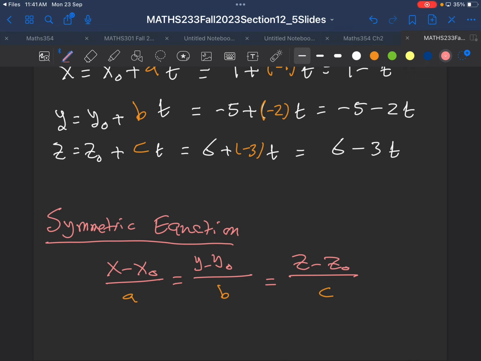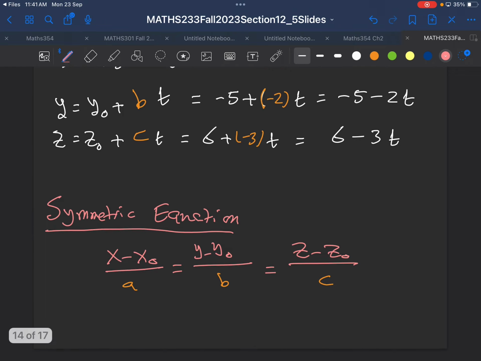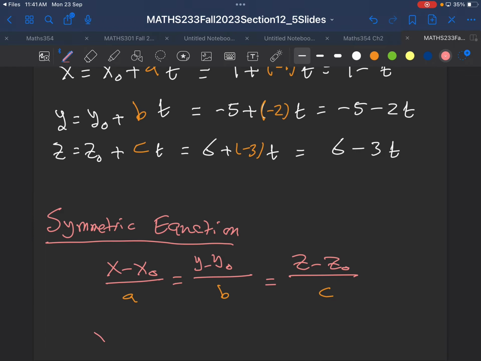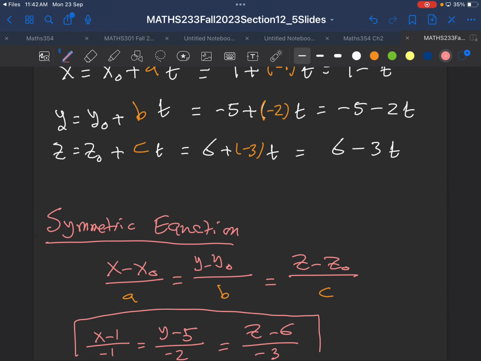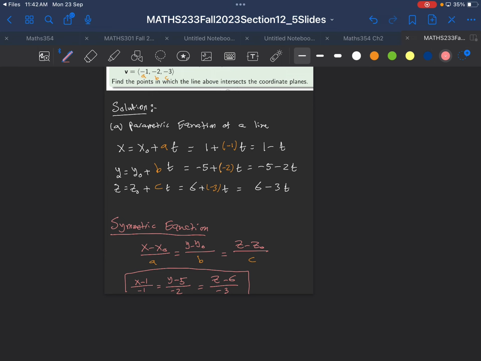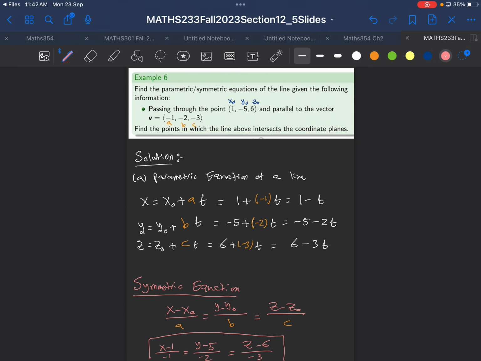So move the number to one side, and then A, B, C will be in the denominator. So what we will get is x minus 1 divided by negative 1 equal y plus 5 divided by negative 2, and finally z minus 6 divided by negative 3. And this is the symmetric equation. So this is the first part of the question where we need to find the equation of a line passing through this point.